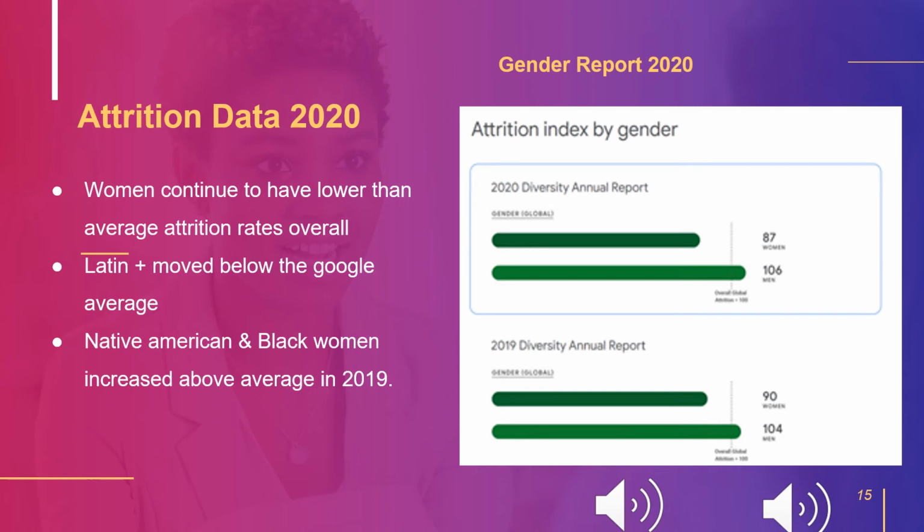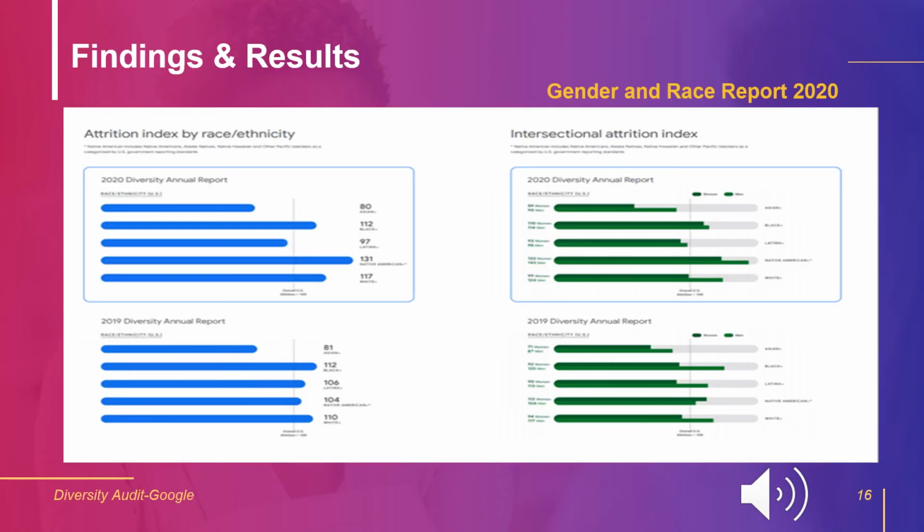Looking at Google's attrition rates by race and ethnicity from 2018 and 2019 indicates that they have some key areas they need to focus on. Here we have the findings and results for a gender and race report in 2020. These trends highlight that the need for continued learning and innovating as Google builds and supports communities across their company is definitely necessary.